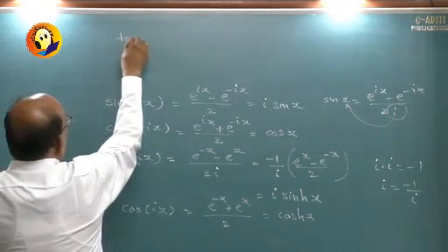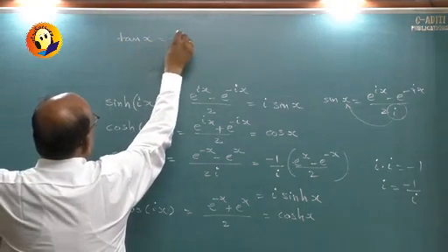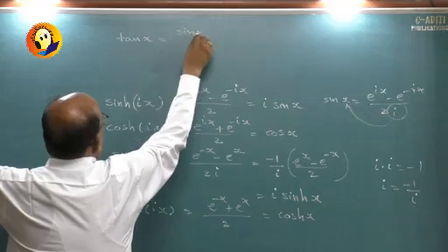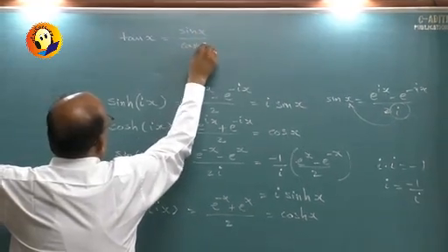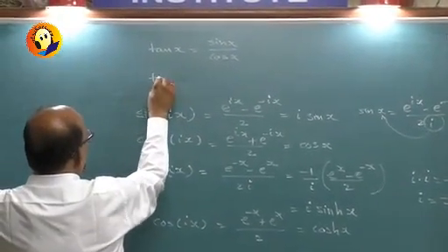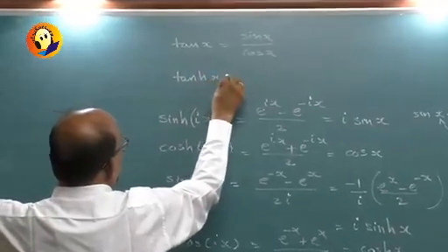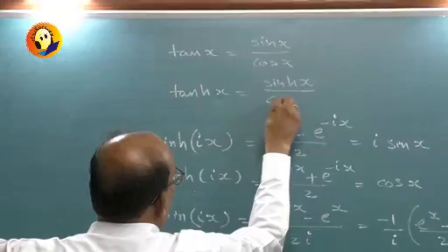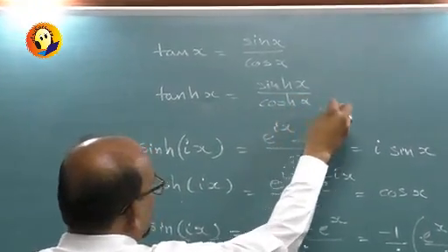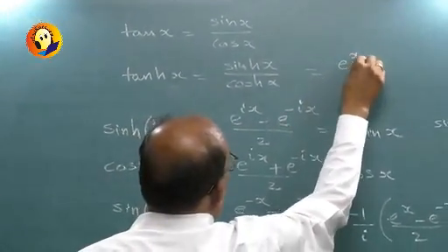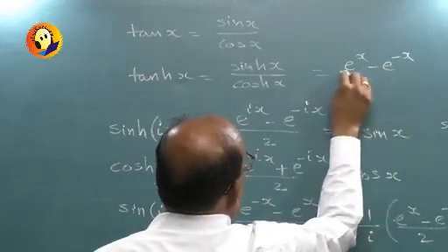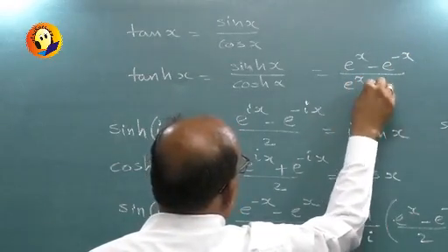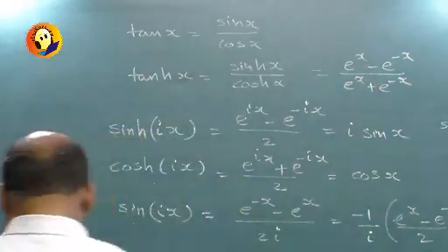Now tan x is defined as sin x upon cos x, that is e raised to x minus e raised to minus x upon e raised to x plus e raised to minus x.